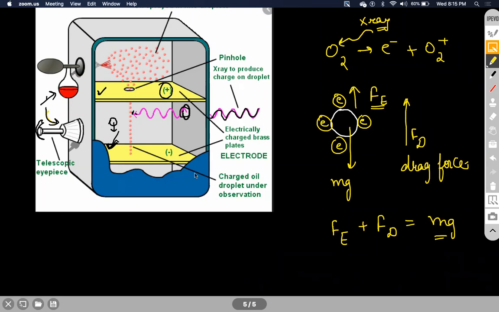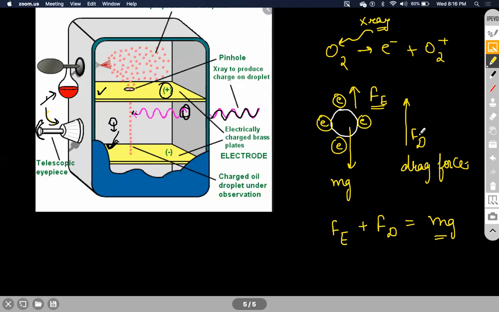Yes or no? They are just floating there. Now, in this experiment, he knows the electric field, and the mass of the oil droplet was also known, almost, from the density.